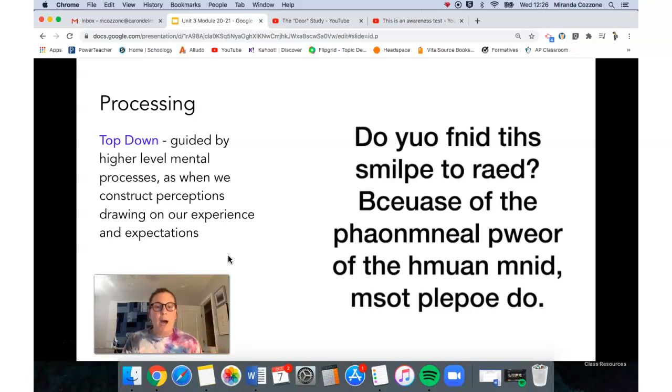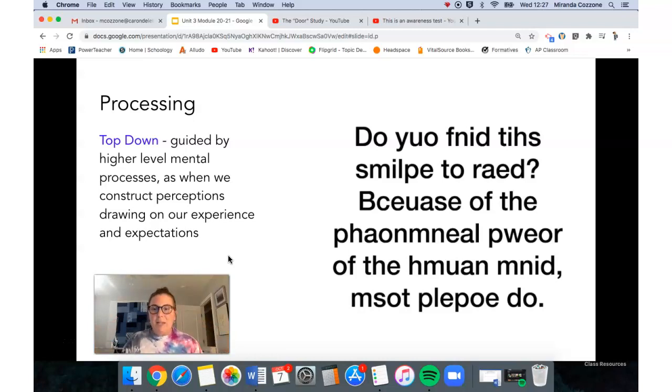Because of the phenomenal power of the human mind, most people do. This is a totally misspelled sentence. However, being able to read it is top-down processing, because you piece things together from your own experience of seeing these words before. Even though they're jumbled, your brain quickly unscrambles them. You're using your experience of the world, of reading, of what it probably says, even if a word is hard. So that's top down.